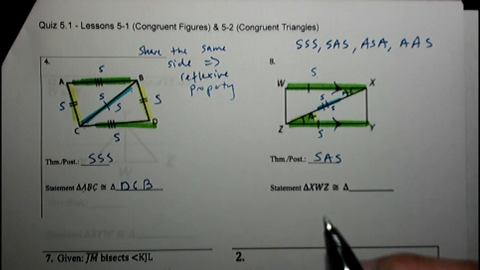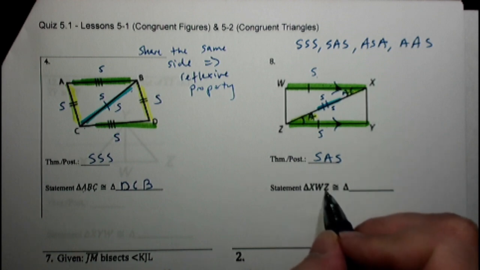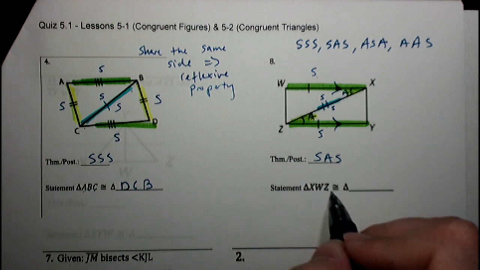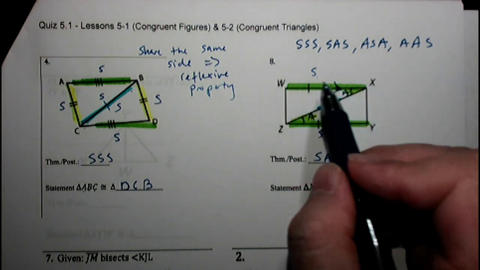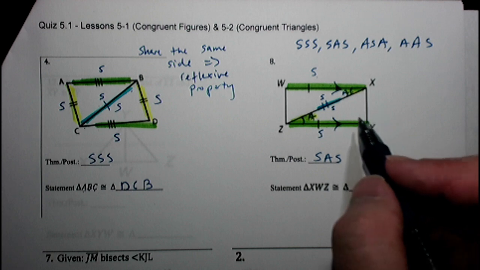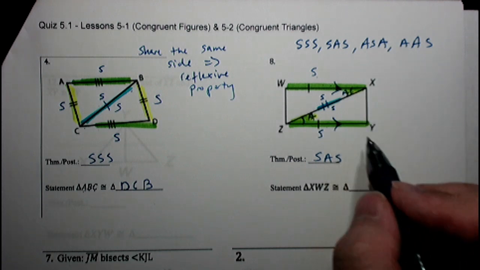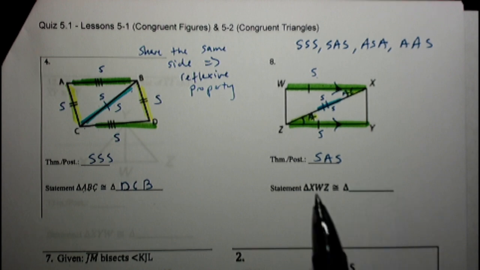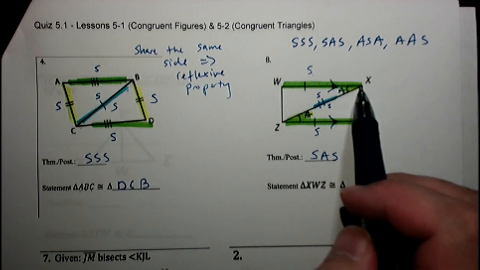And since these two triangles are congruent, we can write a statement. Triangle XWZ is congruent to triangle what? Triangle XWZ is the triangle up top here, so I need to write our triangle for the right-hand side of the congruent symbol. X is located right here.